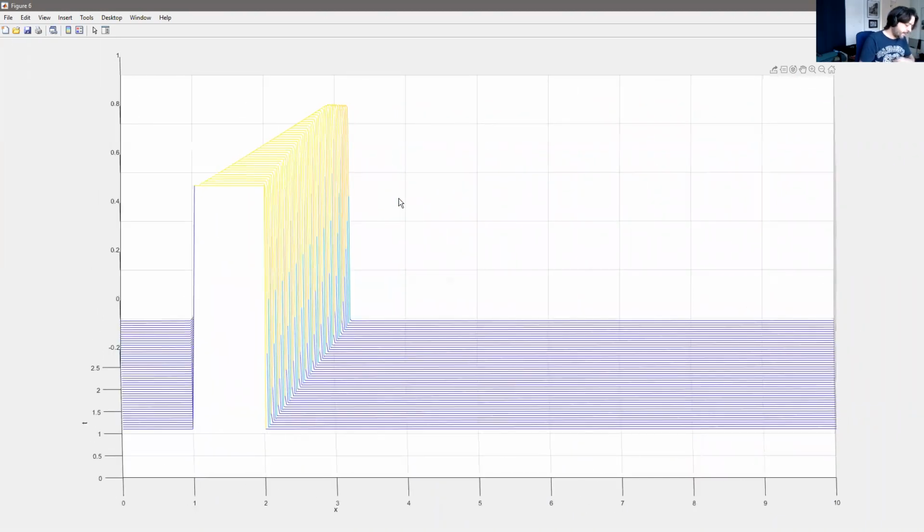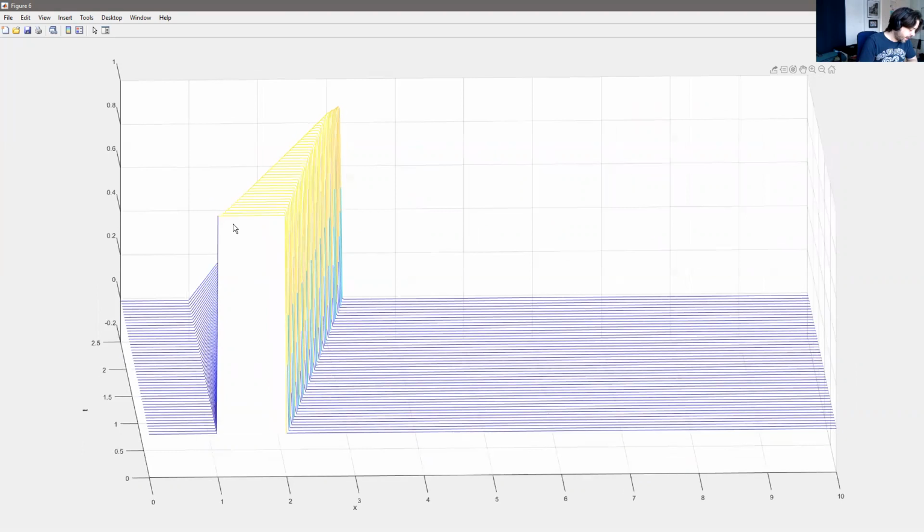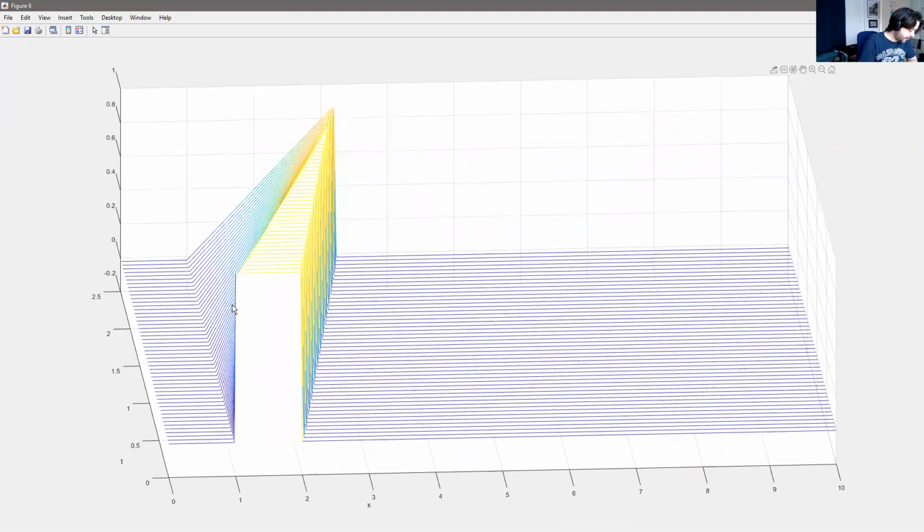This is my initial condition that I had, this rectangular signal, and then what happens is that I get an expansion fan on the left side. There's a triangular shape, which is making the length on top of the top hat signal smaller and smaller.